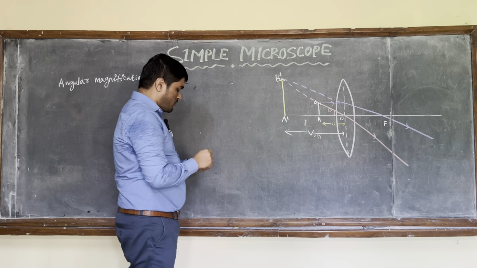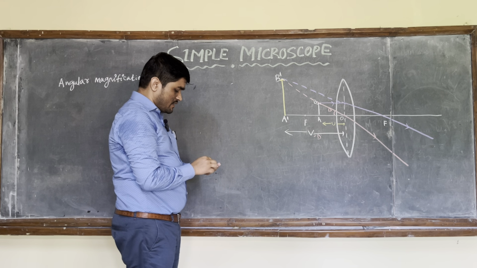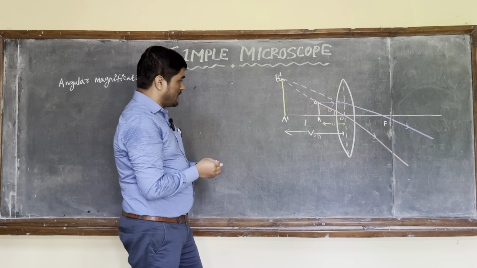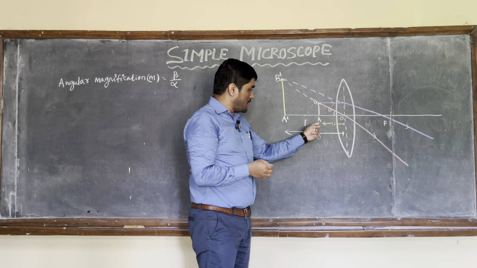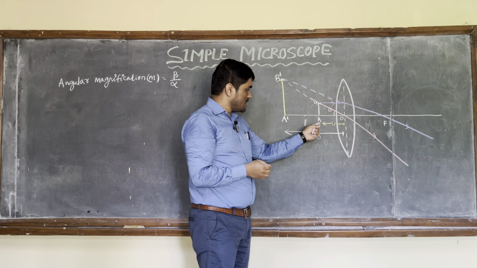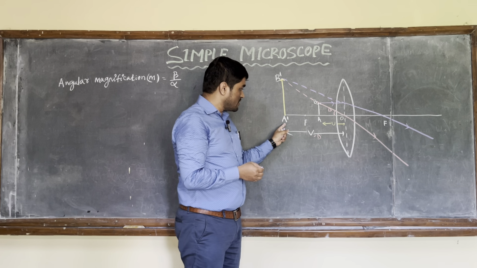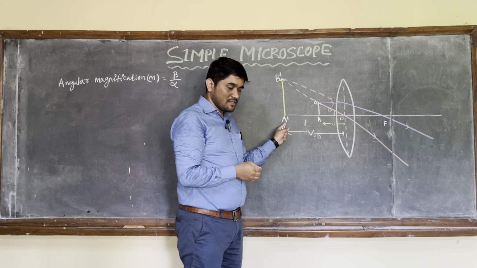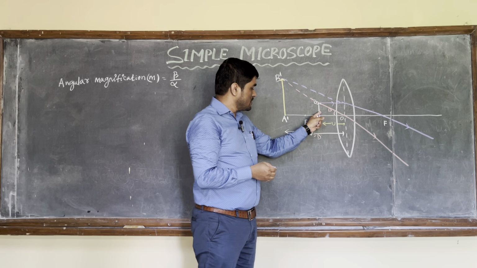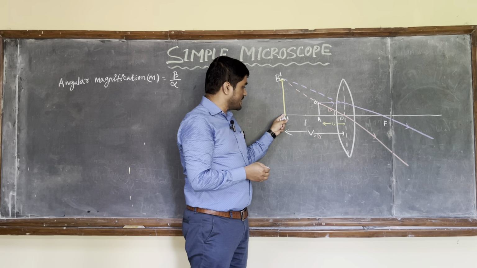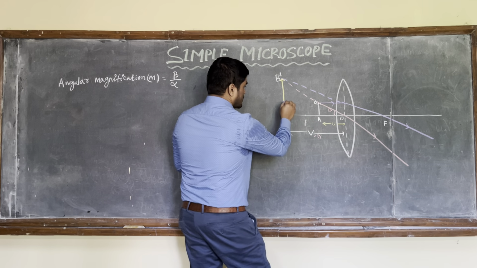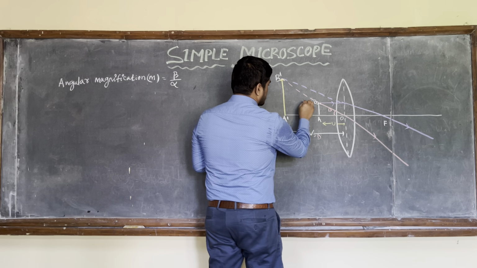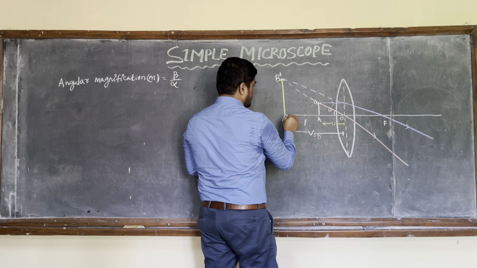Then what will be alpha? Alpha is that angle when you have to place the object at a distance of distinct vision. That means you have to imagine the object is situated at a distance D. So this is the height of the object.